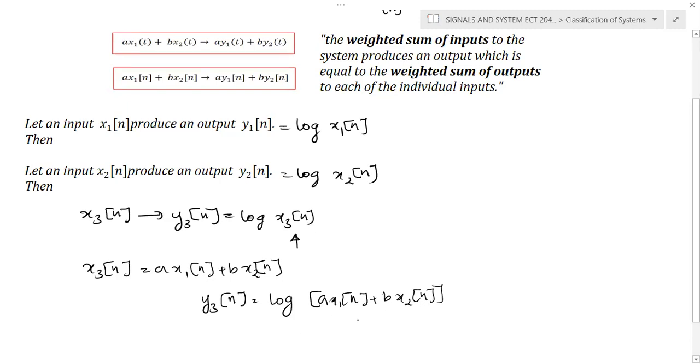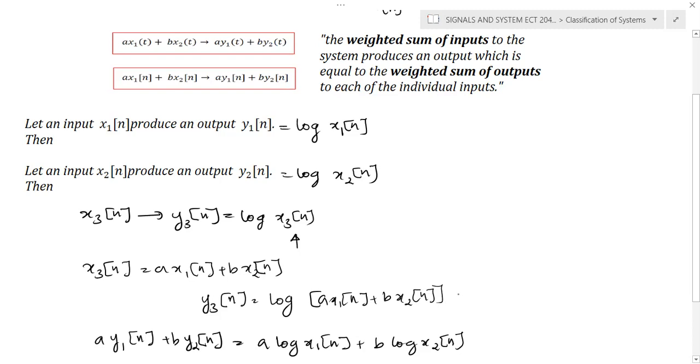This expression we cannot split into two like this, because a y1 of n plus b y2 of n, a linear combination of outputs, should be in this particular format: a into log x1 of n plus b into log x2 of n. But the given equation is not in this format.